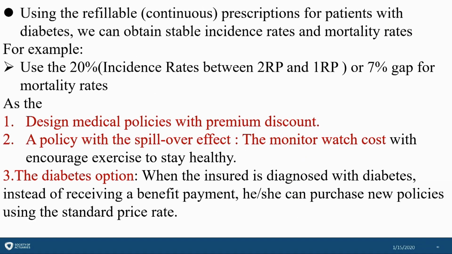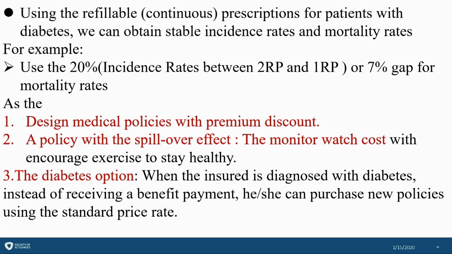In both cases, using the refillable prescription for patients with diabetes, we can obtain stable incidence rate and mortality rate. For example, using the 20% incidence rate gap between 2 RP and 1 RP, or the 7% gap for the mortality rates between 2 RP and 1 RP.